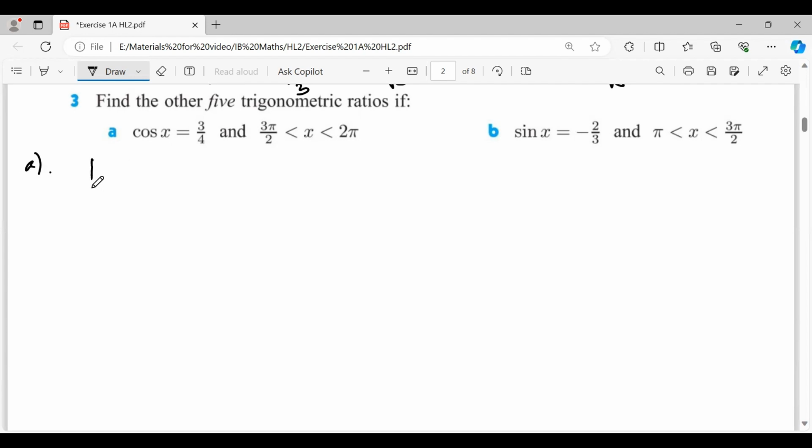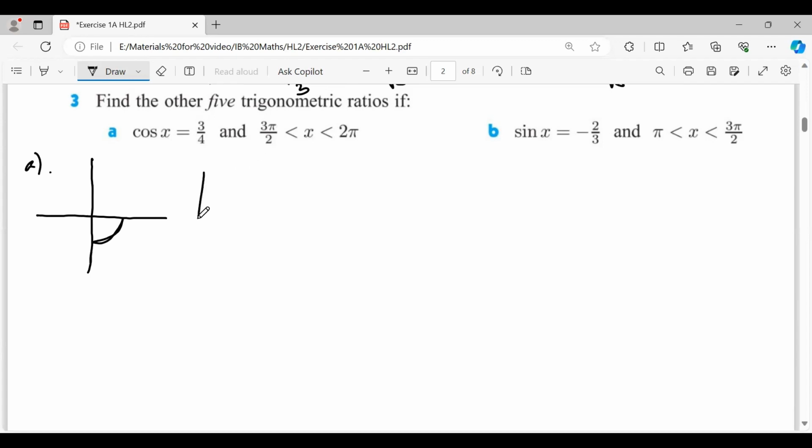Firstly, I will sketch the quadrant, and the cosine x values are on this quadrant 4, because this quadrant is the quadrant of 3 pi half to 2 pi.